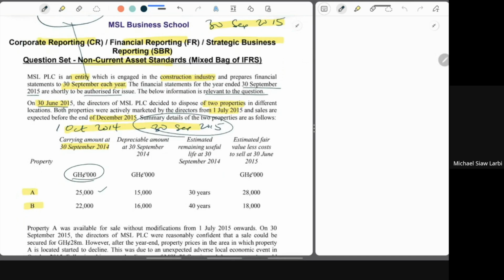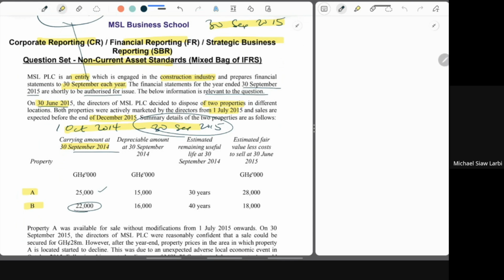Everything is in thousands, so take note of that. 25 million for A and 22 million for B. Now, the carrying amount is the amount at which the properties are stated in the financial statements as at year end. So as at year end 2014, the assets were carried at these amounts in the books.